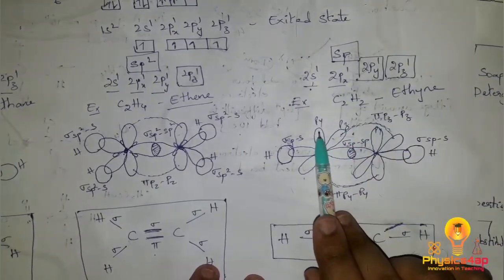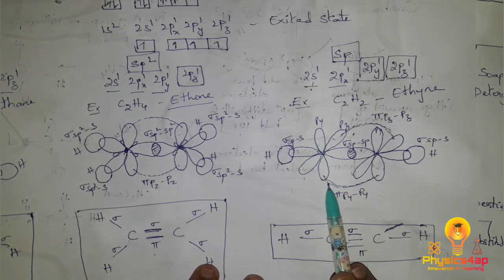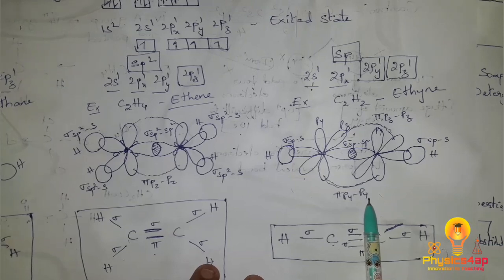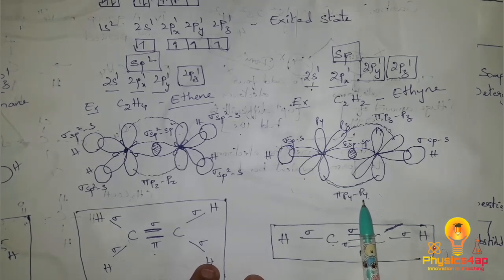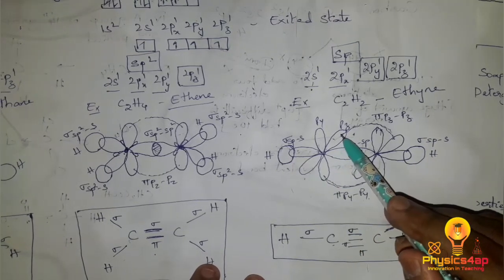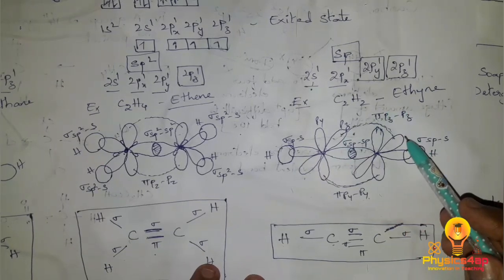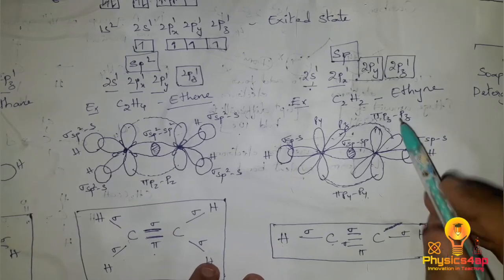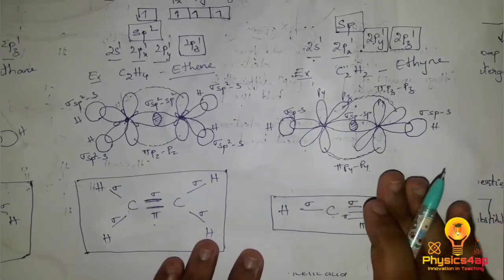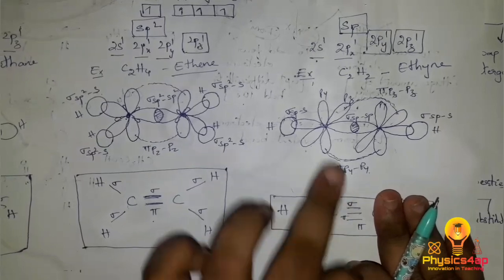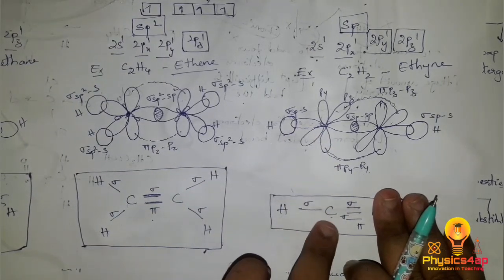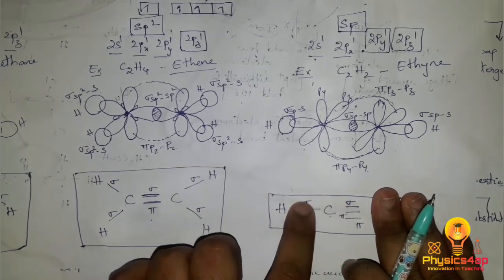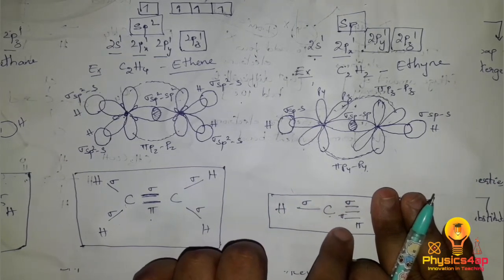The py of one carbon atom is combined with another py to form a pi py bond, and one pz is combined with another pz to form a pi pz bond. So in a single carbon here in C2H2, one carbon can form 4 bonds. Of those 4 bonds, 2 are sigma bonds and the remaining 2 are pi bonds.